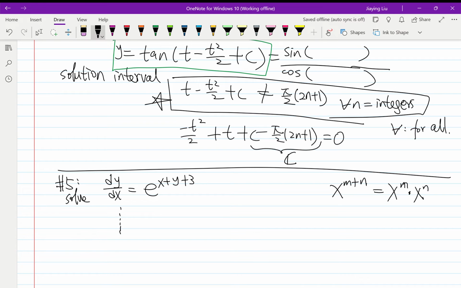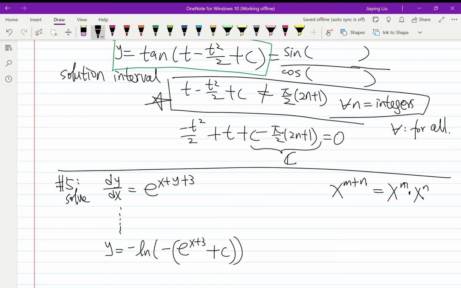Eventually, you're going to end up with y equals negative natural log of, in parentheses, negative e to the x plus 3 plus c. So that's the solution at the end, or something that looks like that. For this solution to be valid, there's something you have to consider, which is the natural log.